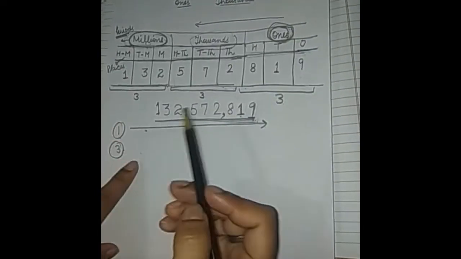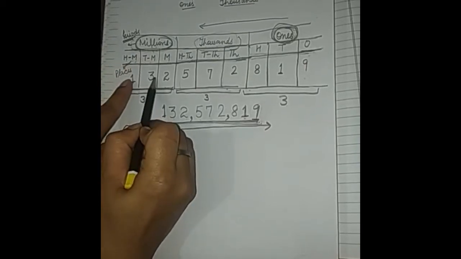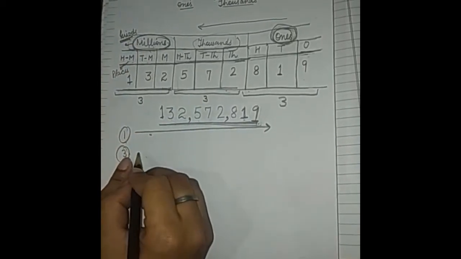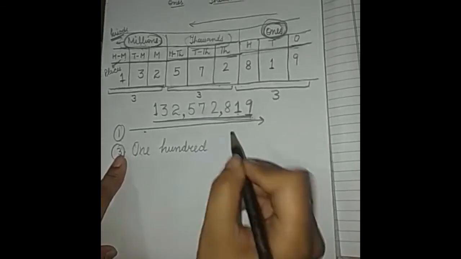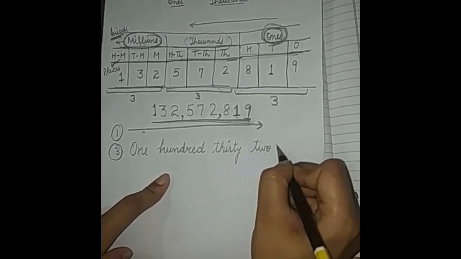For example, in this example, now we will write this large number according to the international system. How are we writing it? We have to read the complete number first, then say the name of the period. It would be 100 because 1 is on the 100 million place, so we will say 132 million.